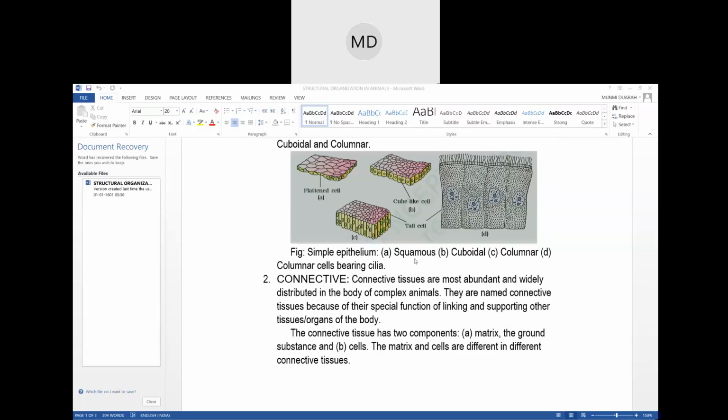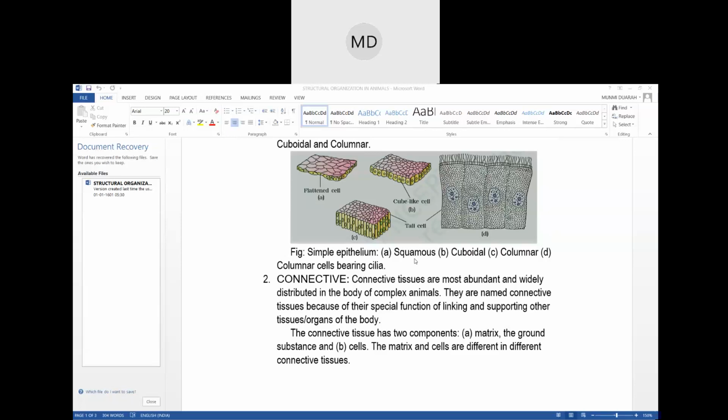Then comes cuboidal. Cuboidal epithelium is found in ducts. Ducts means tubes. I'll give you an example. Saliva comes out from the mouth, right? Saliva comes out from the salivary gland. That gland has a duct.